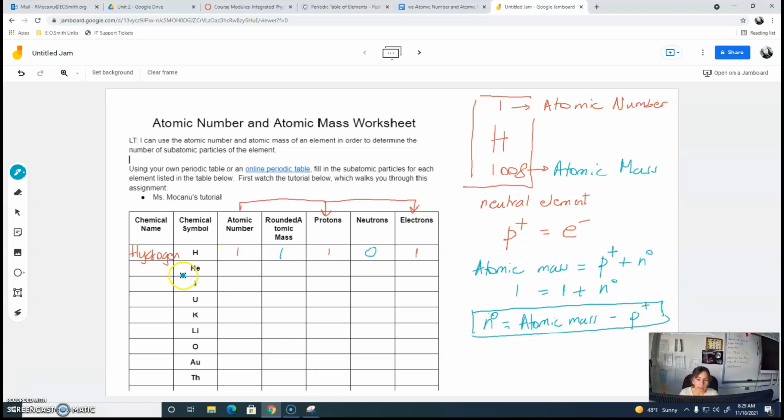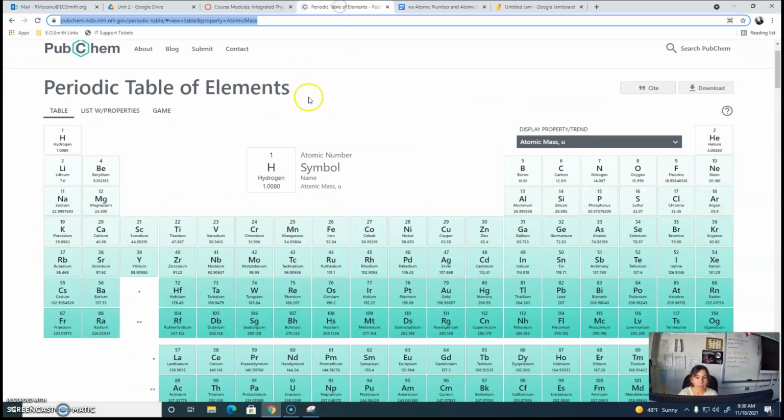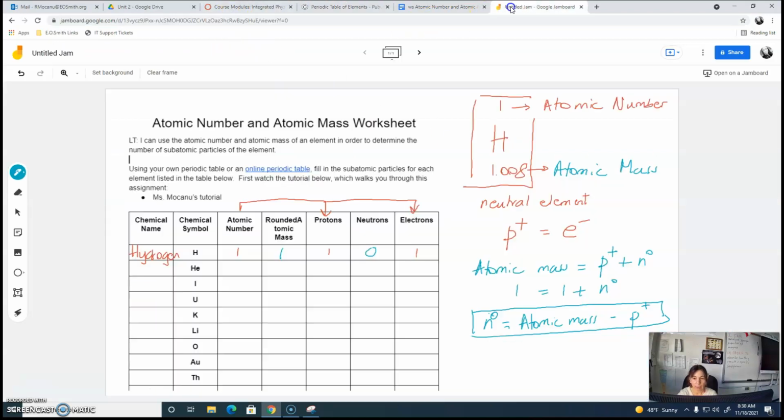All right, let's do the next one. Let's go a little bit faster through this one now that we set it up. So let's do helium. The first thing I do is find helium on the periodic table. And helium is right here. It has 2 for atomic number and 4.00260 for atomic mass. So I got helium.